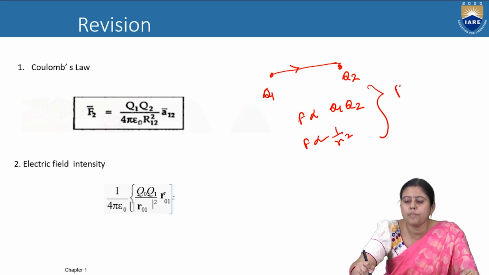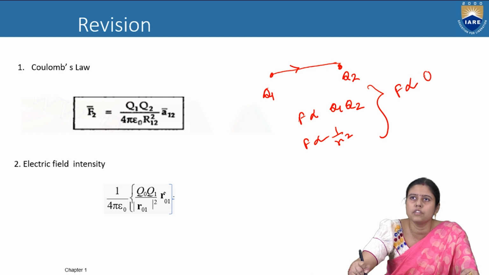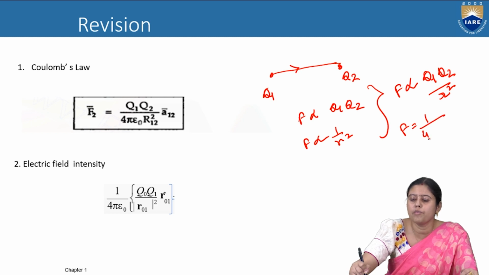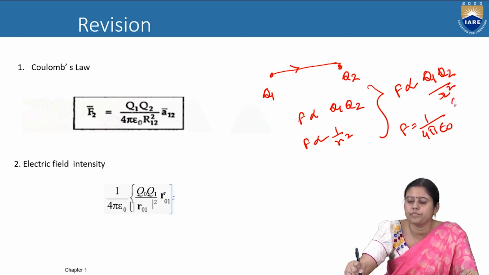Combining these, force is proportional to Q1 Q2 by R square, and F is equal to 1 by 4 pi epsilon naught Q1 Q2 by R square.